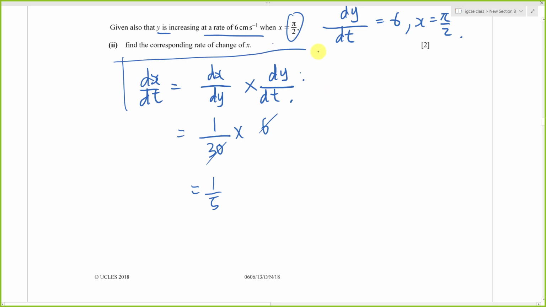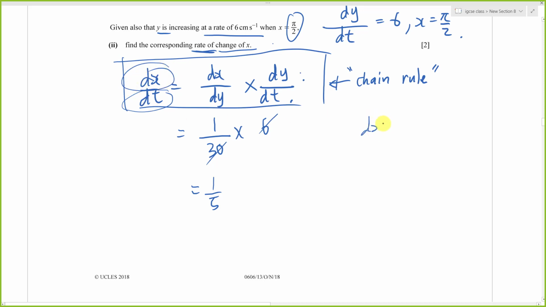What I'm doing here, we call it the chain rule. In the exam, you need to write out the chain rule by yourself, because if you can't write it out, there's no way you can get the final answer. Normally, I read what the question wants. Whenever I see the rate, I write the dt at the bottom. For the rate of change of x, I write dx on the top.